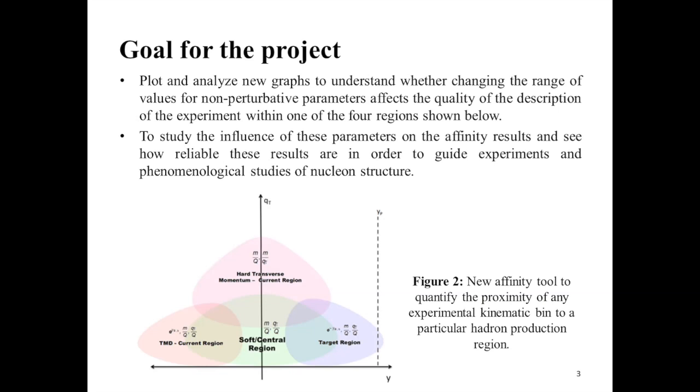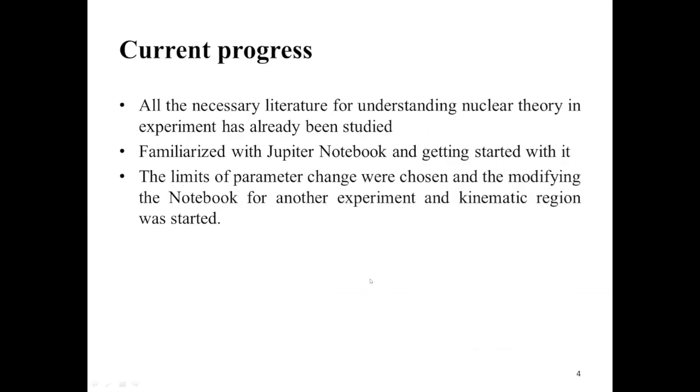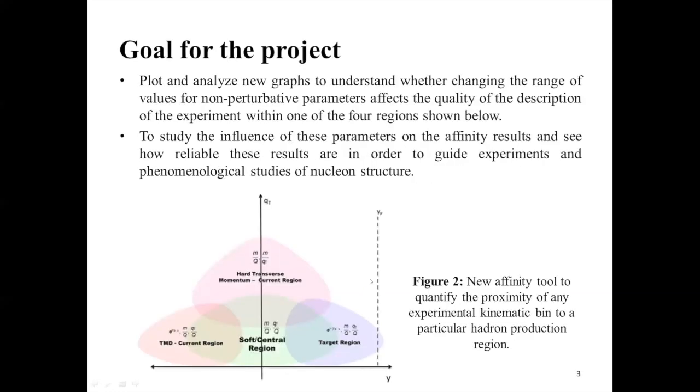Then plot and analyze new graphs to understand whether changing the range of values for non-perturbative parameters affects the quality of the description of the experiment within one of the 4 regions shown in this figure, and to study the influence of these parameters on the affinity results and see how reliable these results are, in order to guide experiments and phenomenological studies of nucleon structure.